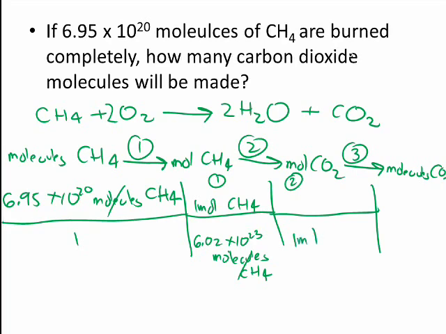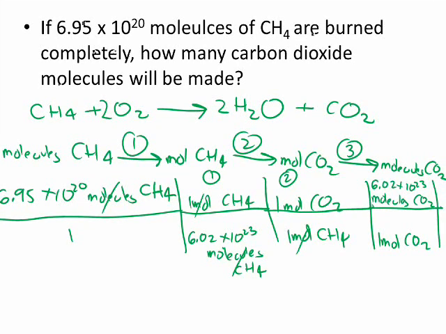We have 1 mole CH4 to 1 mole CO2. Those moles will cancel. And then we want molecules of CO2. So in 1 mole of CO2, we have 6.02 times 10 to the 23rd molecules. Right, so we cancel this out, and then we multiply everything across.